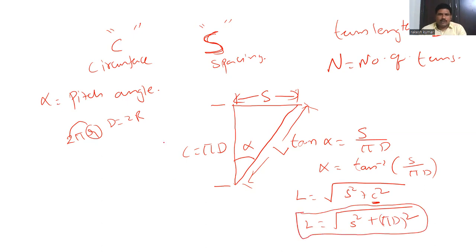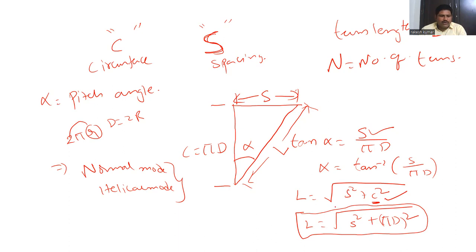I have told that the helical antenna will operate in two modes, either in normal mode or in axial mode. In which mode it operates depends upon these parameters: the spacing and the circumference.